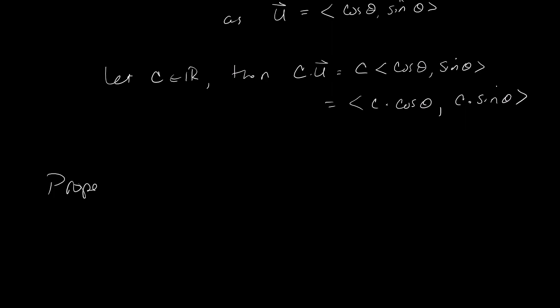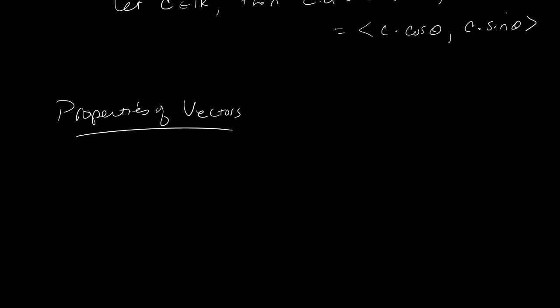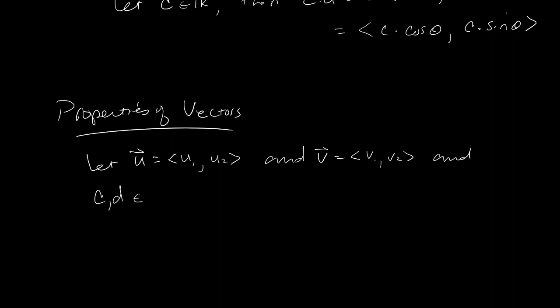So let's look at some properties of vectors. We're going to let u be the vector given by u1, u2, and v the vector in component form v1, v2. And c and d are going to be real numbers, so in other words, they are scalars.